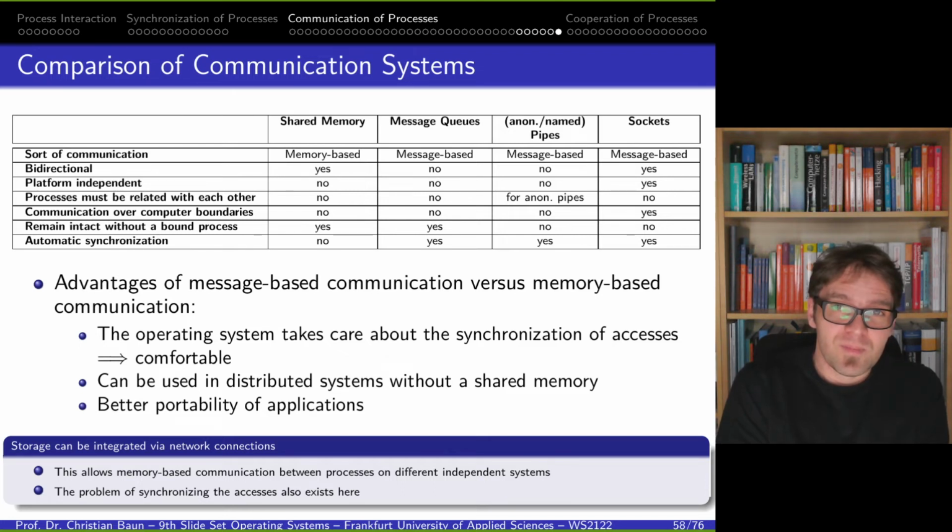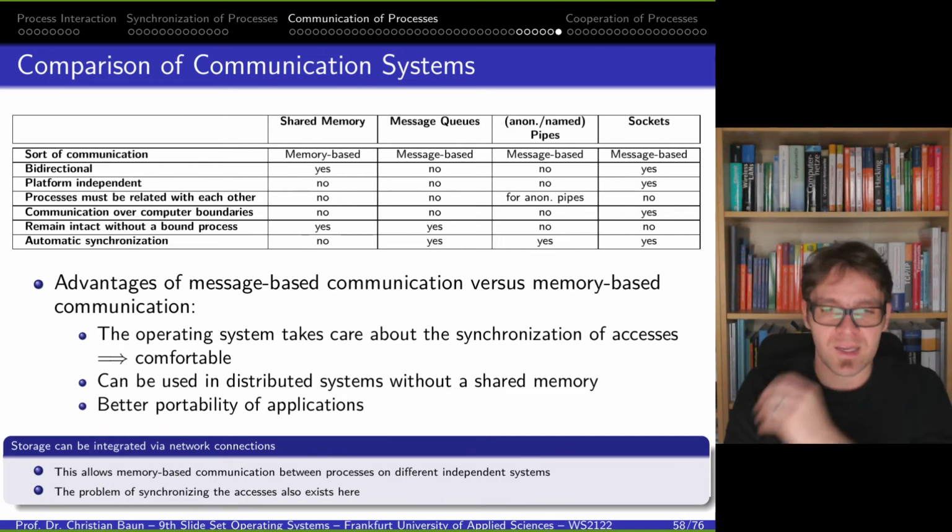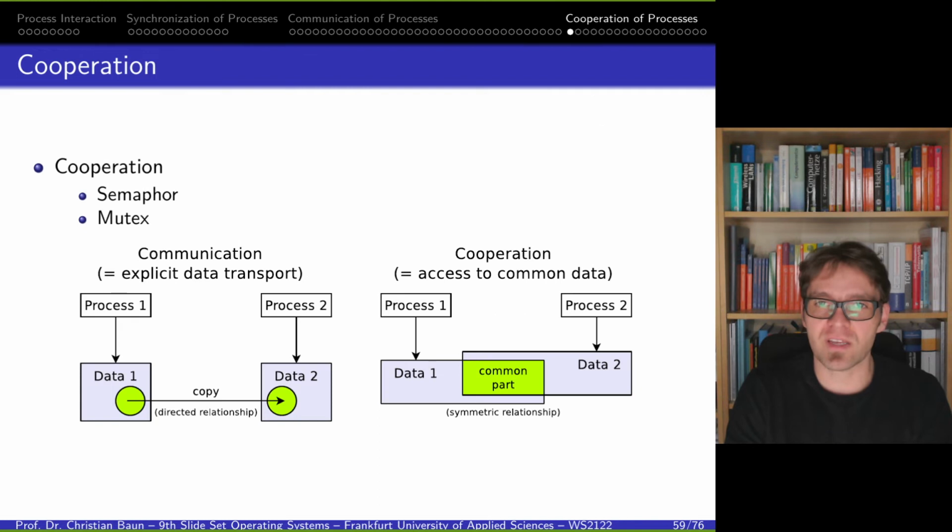So one thing is left. One big topic is left about inter-process communication. We had the synchronization factor, which was elementary. We had the communication schemes, different methods of inter-process communication, and one thing is left. It's the cooperation.